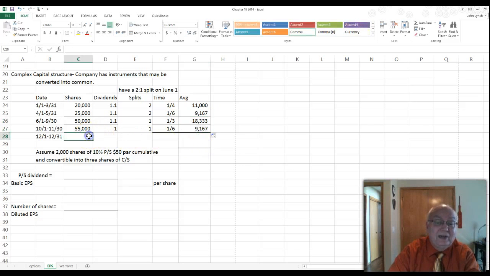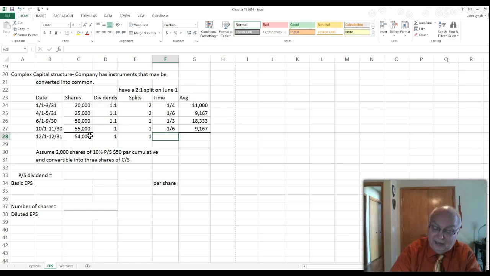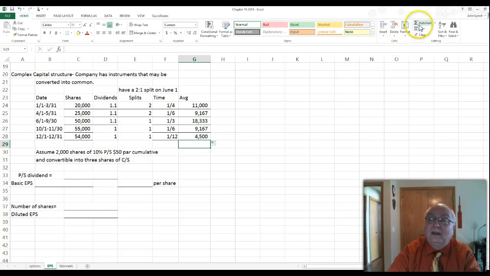That will give you 91.67 for the weighted average. And then we bought back 1,000 shares, which gives you 54,000. And that's a 1. That's going to be a 1. And that's for 1/12 of the year. And we simply copy that down. And this will give you then a weighted average of 52,167. And that's because we also had a stock split in there.